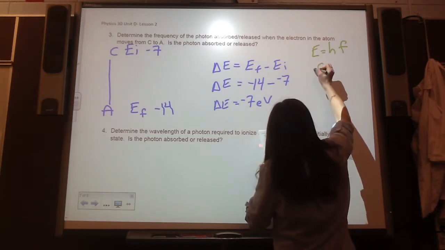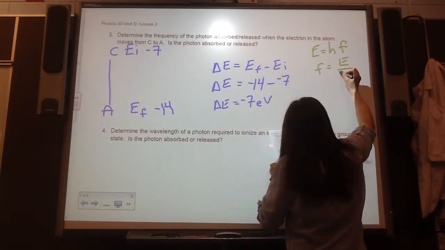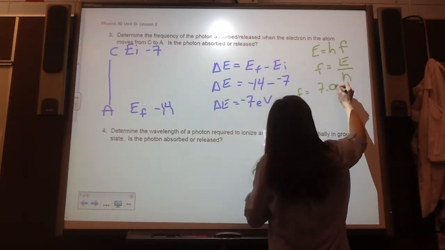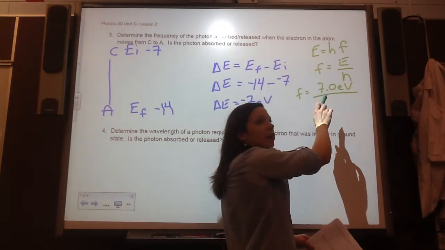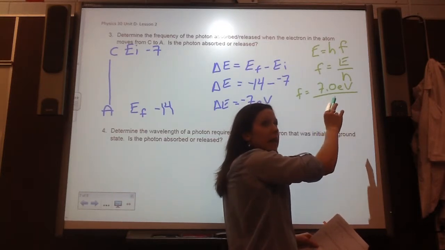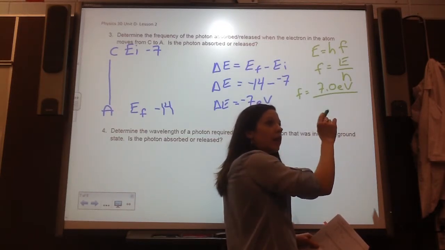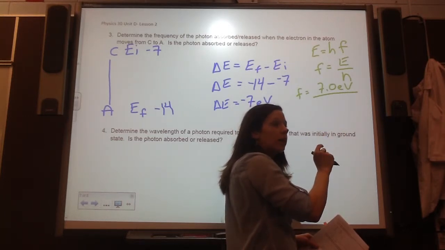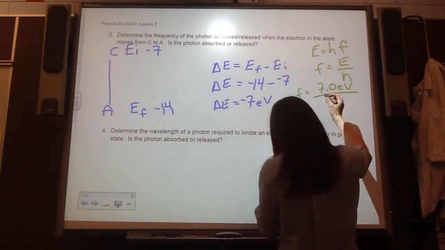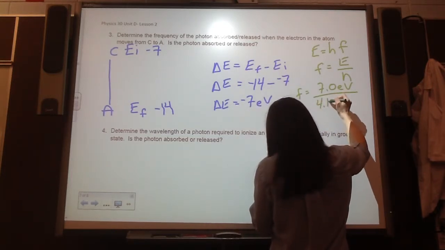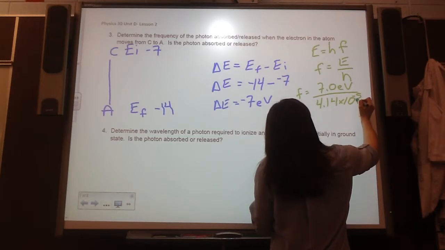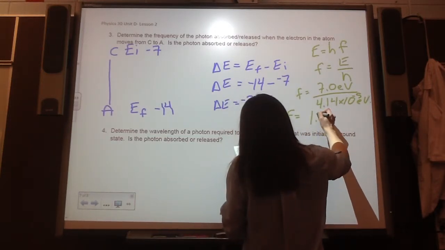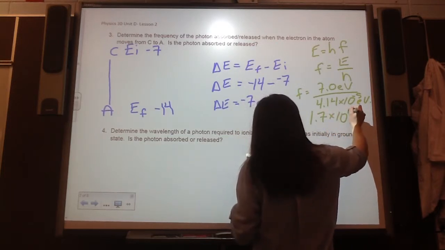So if I'm looking for F, I go E divided by H. And when you're doing these calculations, your energy doesn't need to be negative anymore. The negative just indicated if it's released or absorbed. So our frequency should be 1.75 times 10 to the 15 hertz.